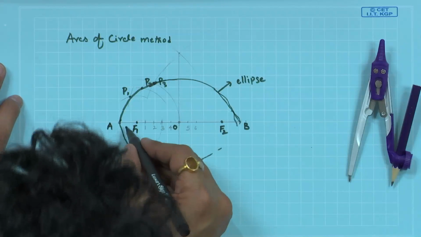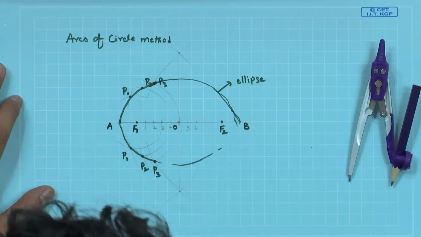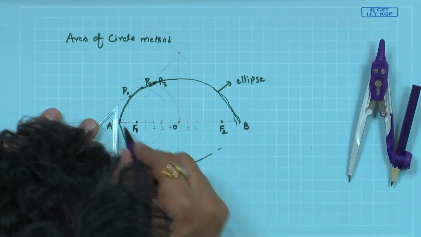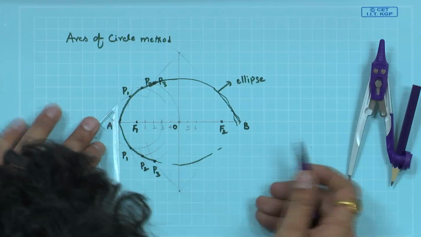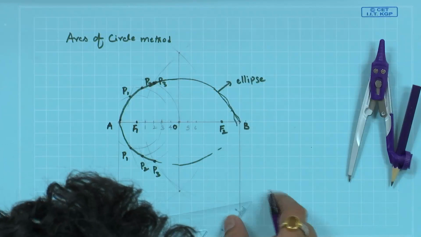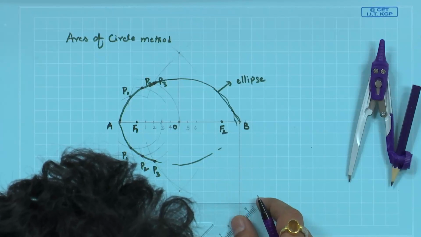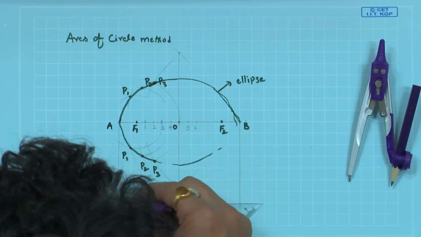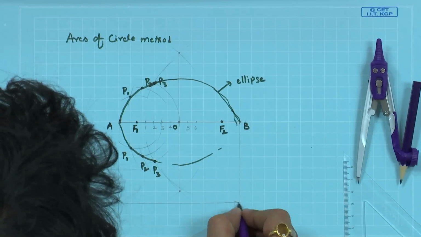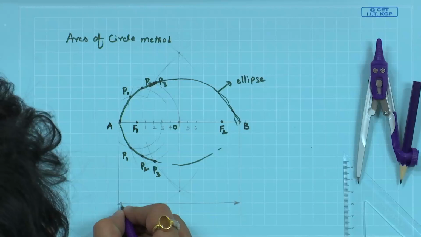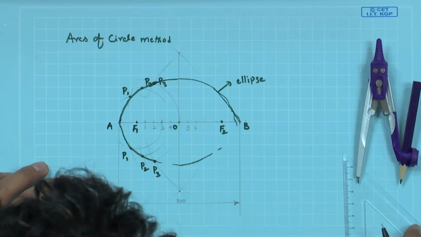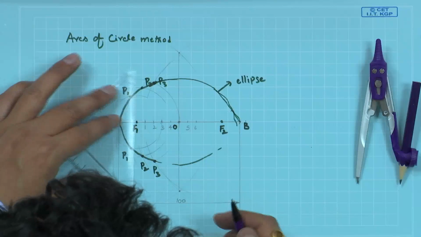In this case, we require the major axis. So, if it is construction lines, we have to show. Foci distance also we know.